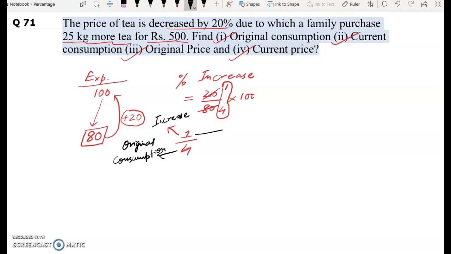Now this 1 unit represents the family purchased 25 kg more tea. So increase is how much? 25 kg. So 1 unit represents 25 kg. So 4 unit will represent how much? 25 into 4 will give us 100 kg. So this is original consumption, 100 kg, our answer number 1.